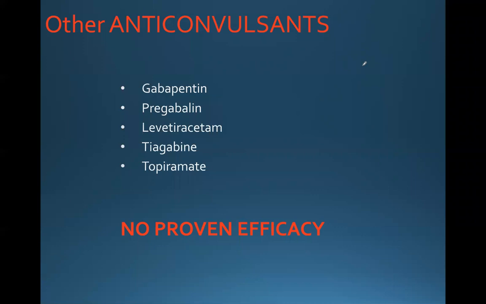The real aspect of it is there's never been any proven efficacy there. What we do see sometimes is that some of these drugs may have other properties that help with some of the side effects, but as far as standard mood stabilizers, you will have a few clinicians who say, I've used these others and they work pretty well, and they still use them. Typically not as monotherapy, but in combination with other drugs.